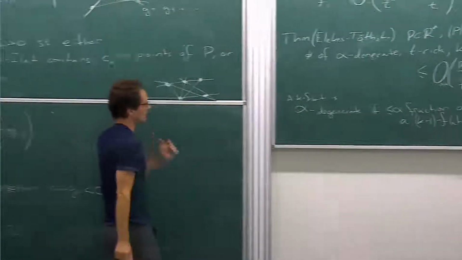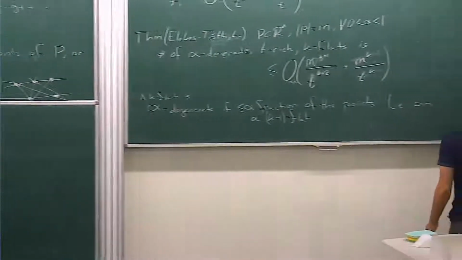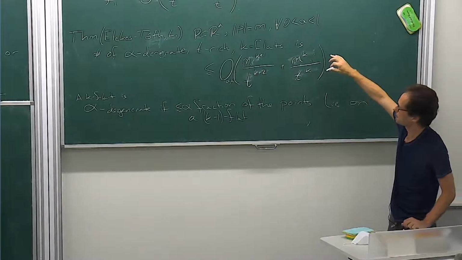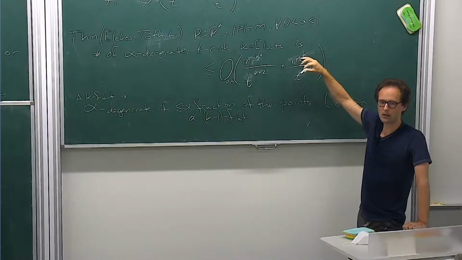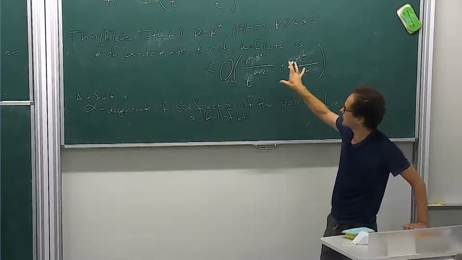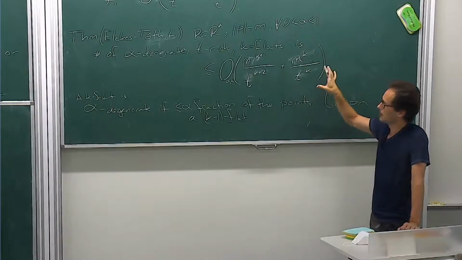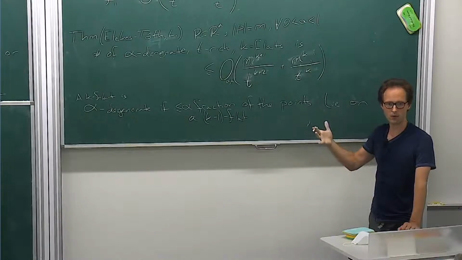Now I can say very briefly what the relationship between these problems is. Actually the main theorem of Elekes and Tóth is the same upper bound on the number of incidences between what they called gamma saturated planes and points.